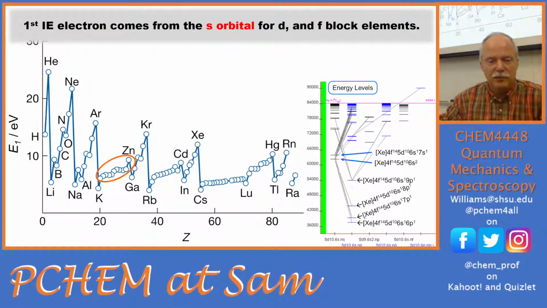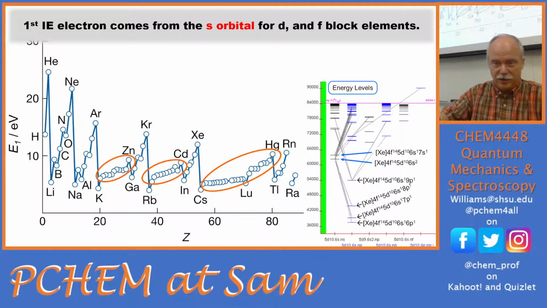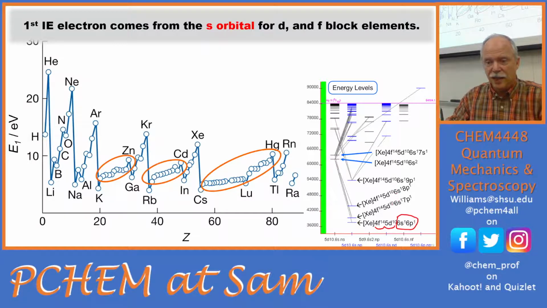And so we see that right here in these d blocks, and then the f and d blocks here. And you can see that in the Grotrian diagram for mercury, which we're going to talk about. It has the 4f14, the 5d10, and then notice all of the things that change are those s electrons.